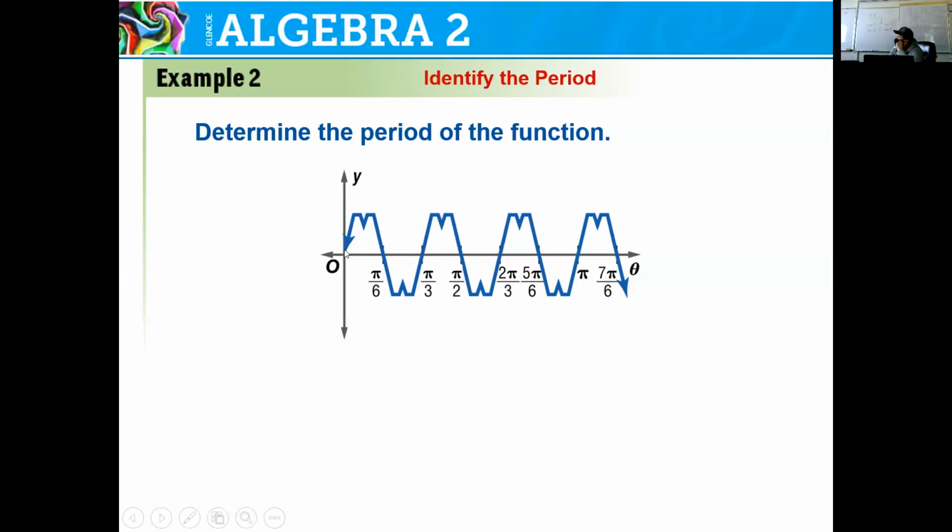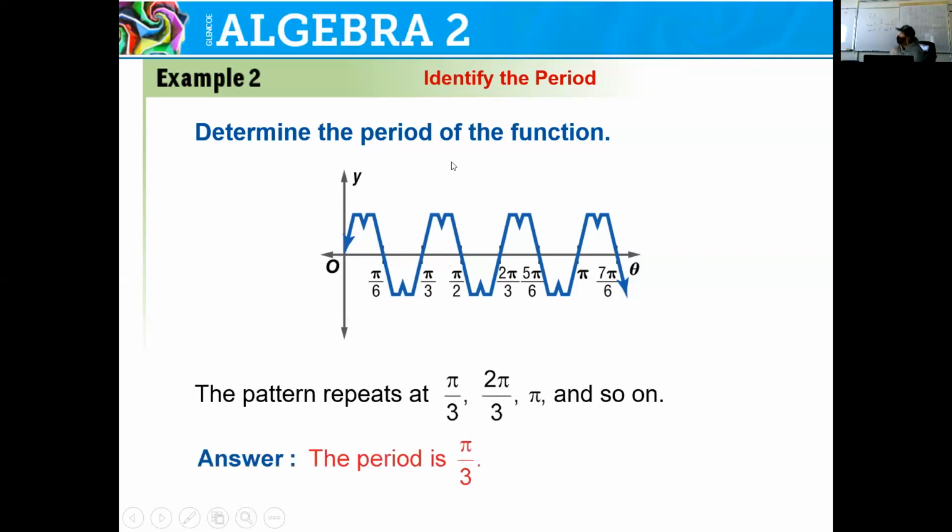We have the x value of 0 here when it starts, and the x value of pi over 3 when it completes its cycle. One complete cycle is completed in the period. So the pattern repeats itself at pi over 3, 2 pi over 3, pi, and so on. Therefore, the period is pi over 3.